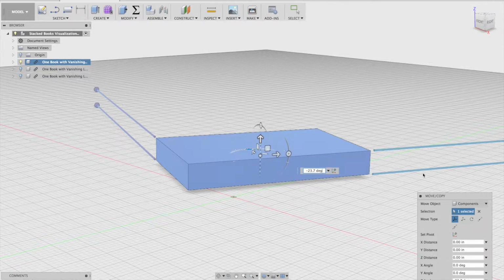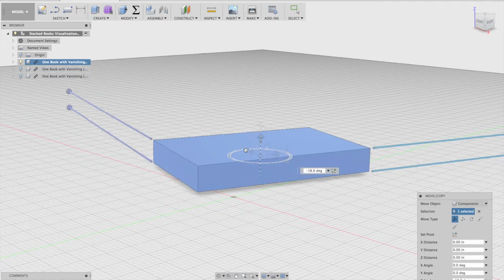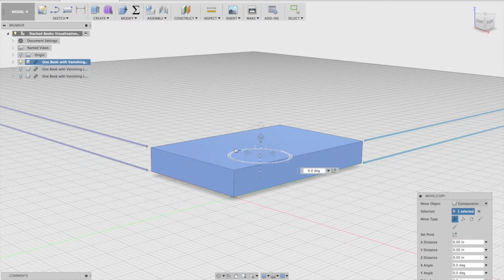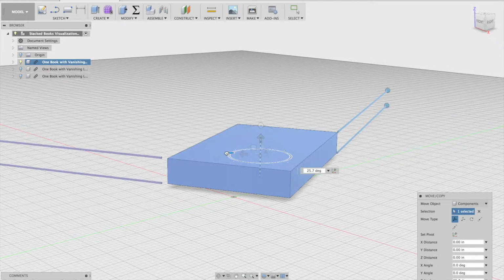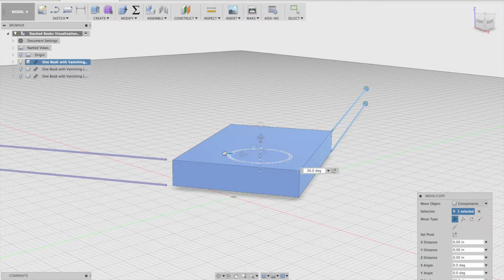And you can maybe see, although it's hard to decipher, that there's less of a rate of convergence, a smaller rate of convergence for the vanishing lines going towards the right. So just watch again while we rotate this. Very close to even. If we rotate it the other way, now the right vanishing point is coming closer to my object. The rate of convergence is increasing, and the angle is increasing going towards that right vanishing point. This angle is decreasing.